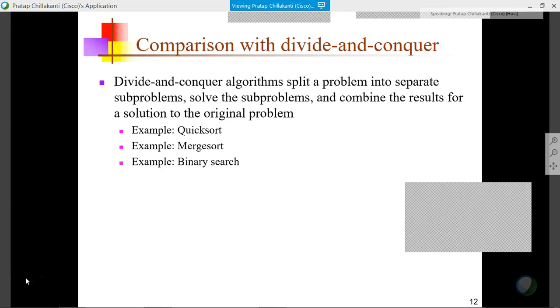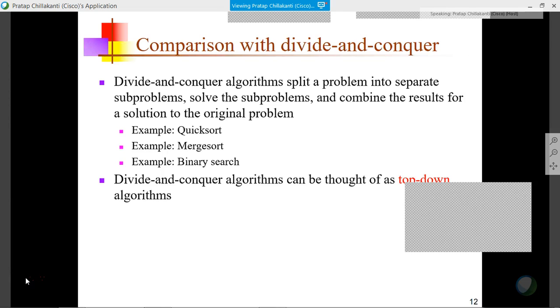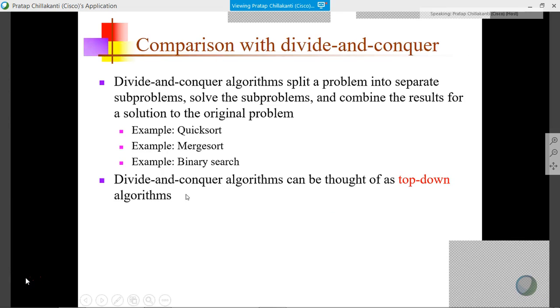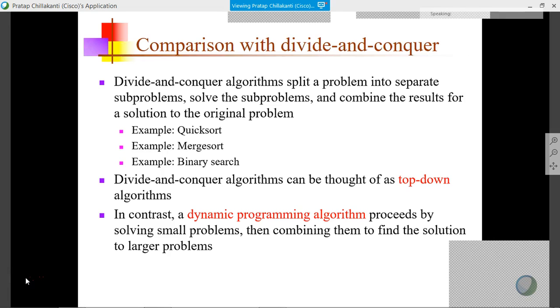That's what we do, divide. They are called top-down algorithms. Then you use them to find the solution to larger problems, as I stated in the beginning. It's just summarizing what I said in the beginning. You can also think of it as a bottoms-up way of doing it.